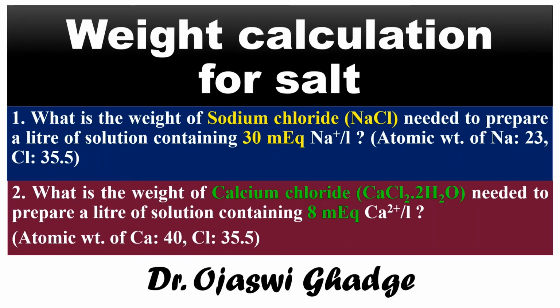Hello everyone, welcome back. Today let us learn how to calculate the weight of a salt to prepare a concentration of a given ion in terms of milliequivalents per liter.